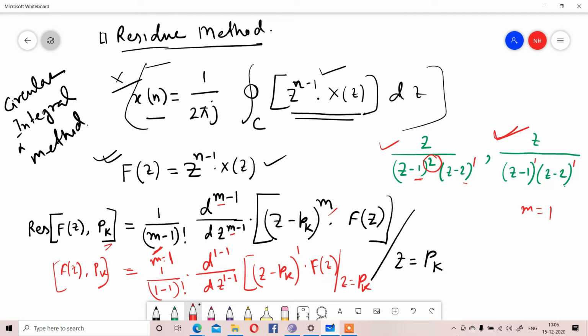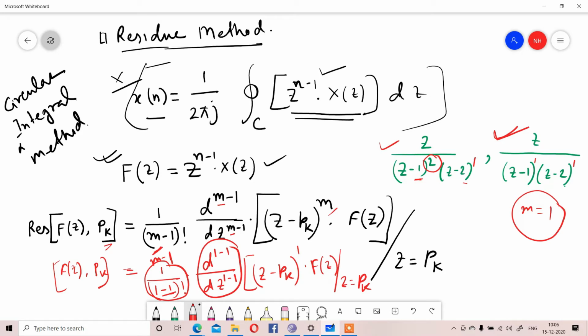That condition you get when the value of m is 1. So here 1 minus 1 factorial is 1, and d to the power 0 by dz to the power 0 is also 1.